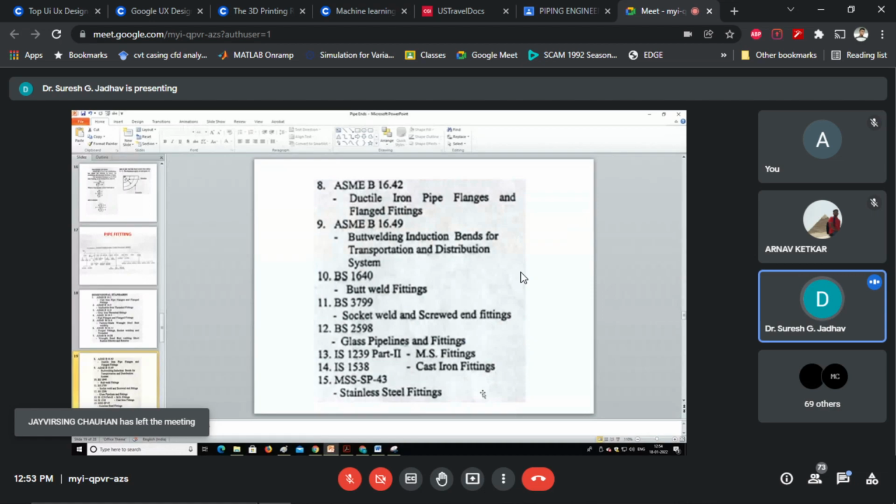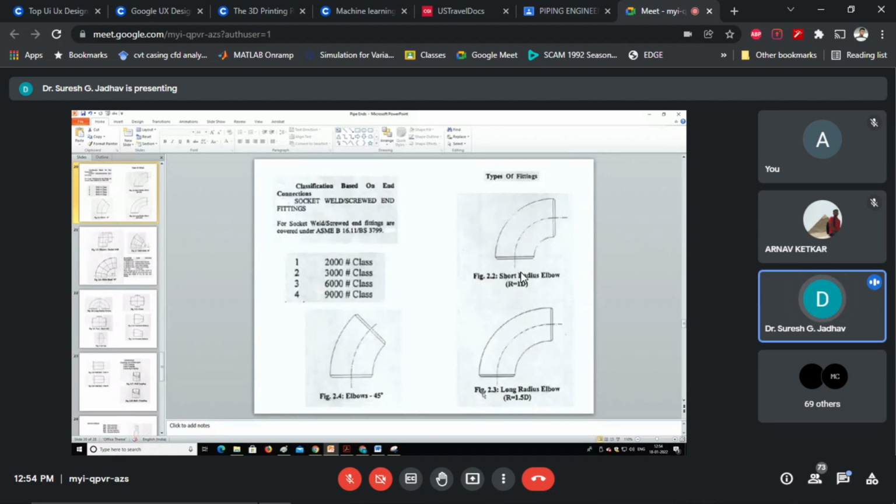Now next is IS standards, that is IS 1239 part 2 for MS fittings, here mild steel. And next is CI fittings, cast iron fittings, IS 1538, and for stainless steel pipe fittings refer MSS SP-43. That is the Manufacturers Standardization Society standard practice. In this practice we have to refer that kind of dimensional standards.